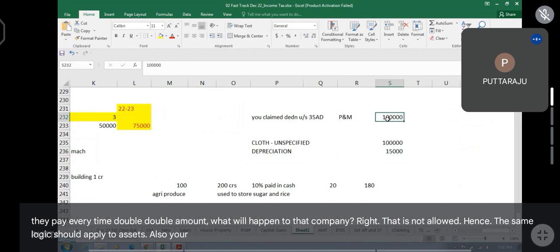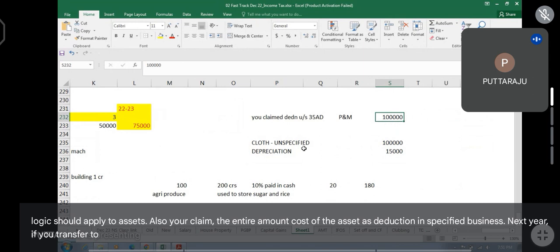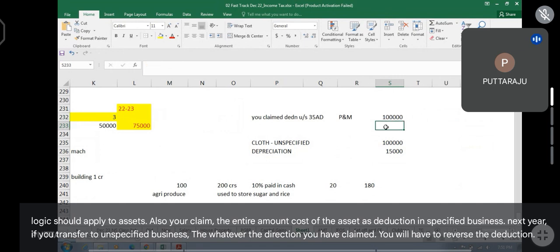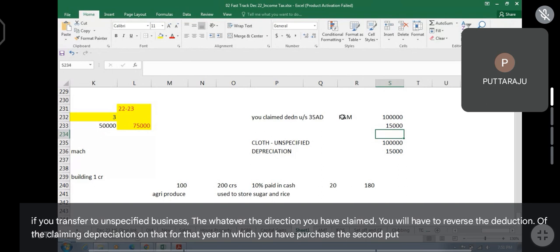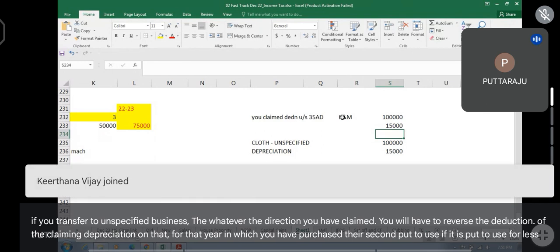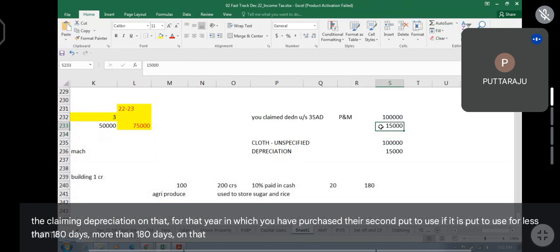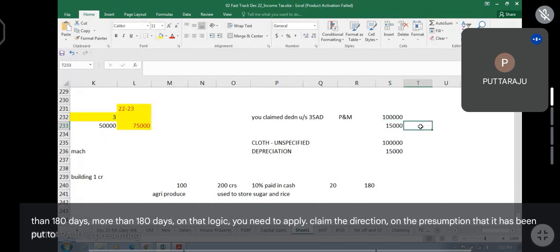You have claimed the entire cost of the asset as deduction in specified business. Next year, if you transfer it to unspecified business, whatever deduction you have claimed, you will have to reverse after claiming depreciation for the year in which you purchased the asset and put it to use. If it is put to use for less than 180 days or more than 180 days, on that logic you apply the claim on the presumption that it has been put to use more than 180 days.